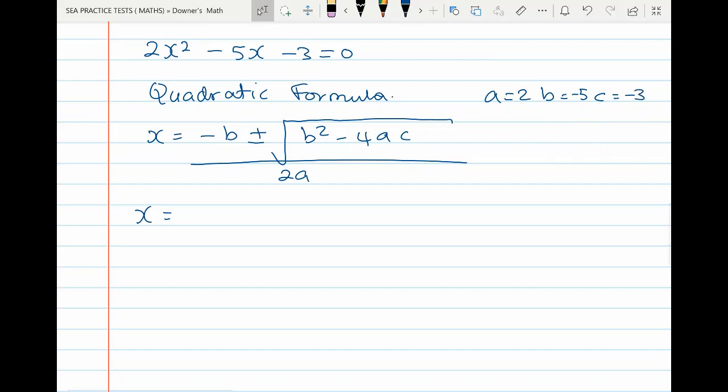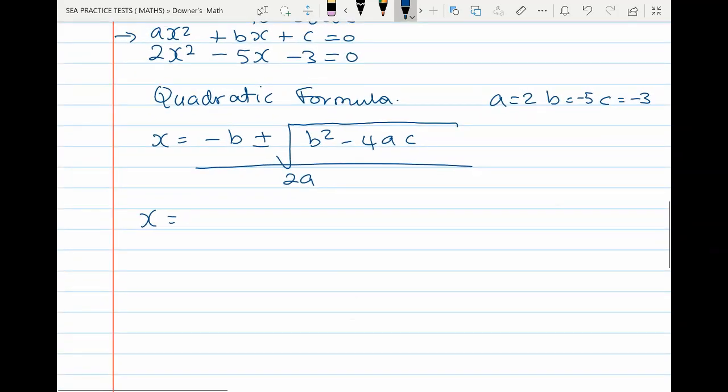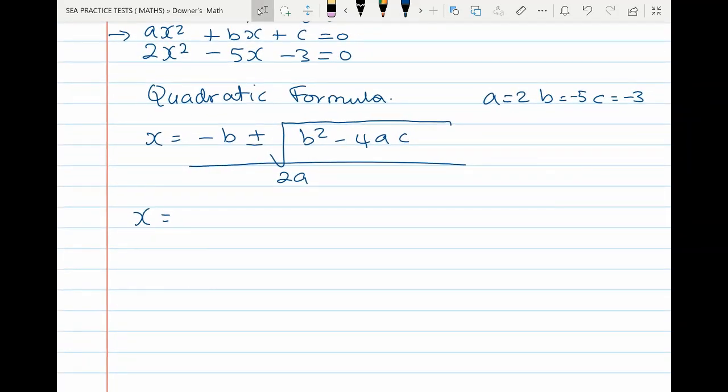Because remember, it comes from ax squared plus bx plus c equal to 0, this being the general form of the quadratic equation. So given that that is the case, we will substitute.